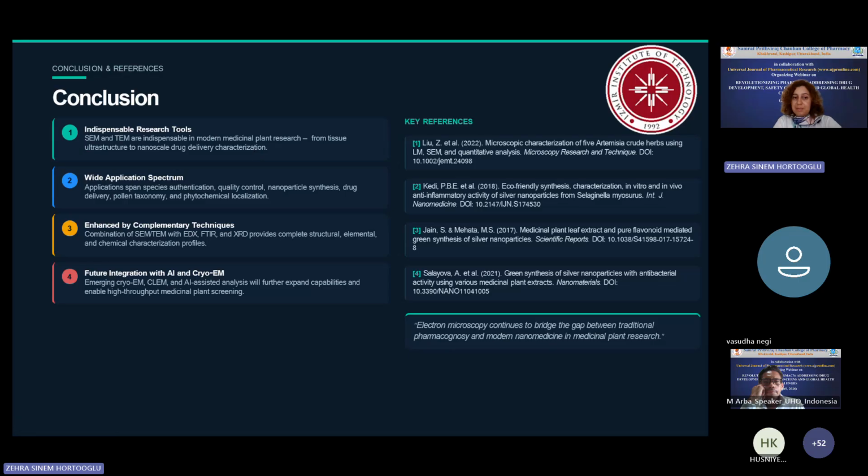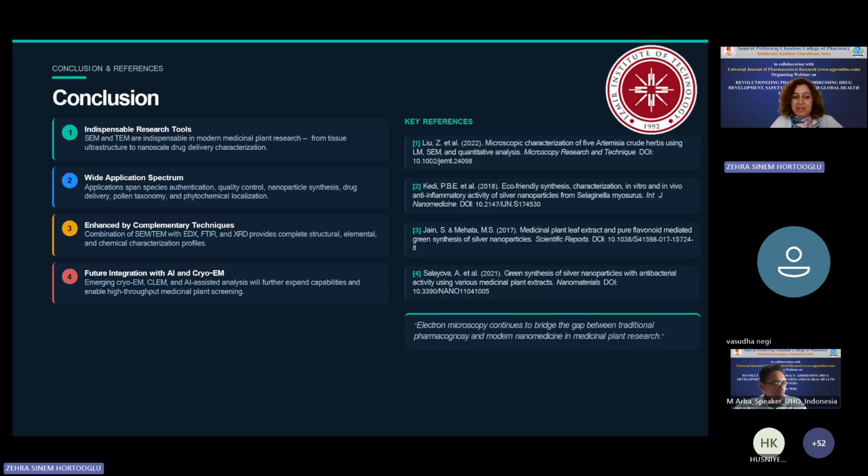Applications span species documentation, quality control, nanoparticle synthesis, drug delivery, pollen taxonomy, and phytochemical localization, enhanced by complementary techniques. The combination of SEM, TEM with EDX, FTIR, and XRD provides complete structural, elemental, and chemical characterization profiles.